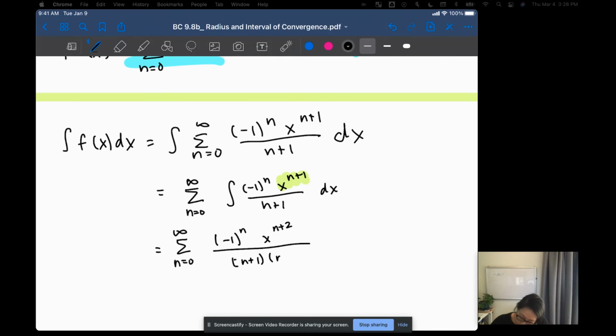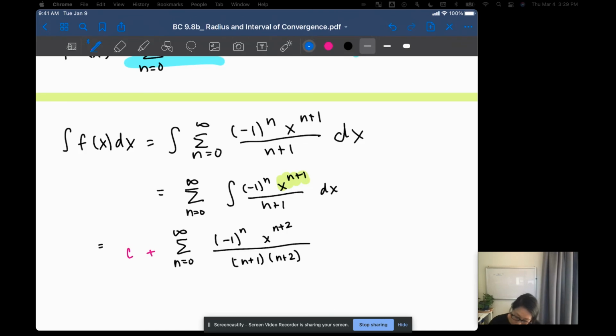Then we need to divide by that exponent, n plus 2. And since this is an indefinite integral, we need to add on a constant, so c plus the sum. We have the sum, and then some c value that we don't know at this point. Okay. All right.